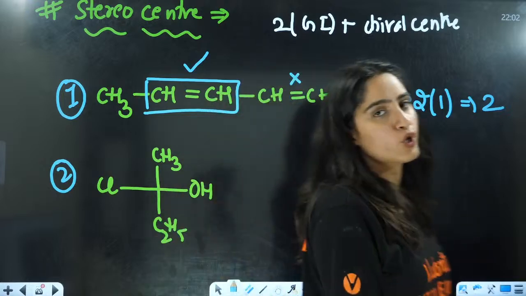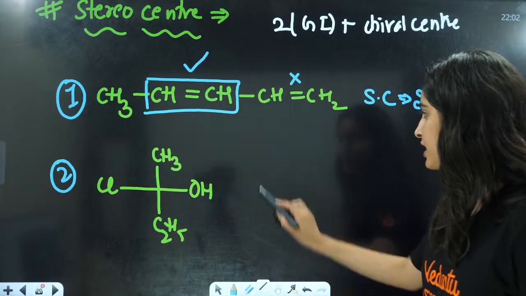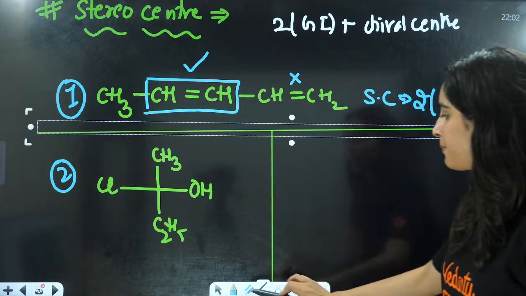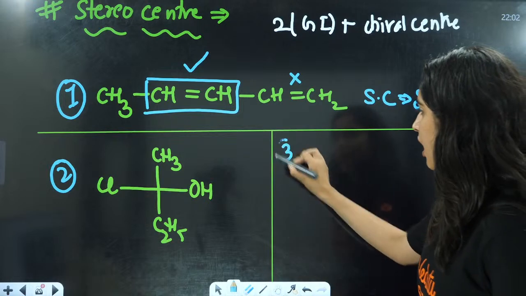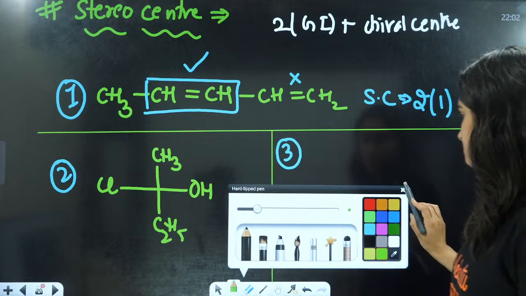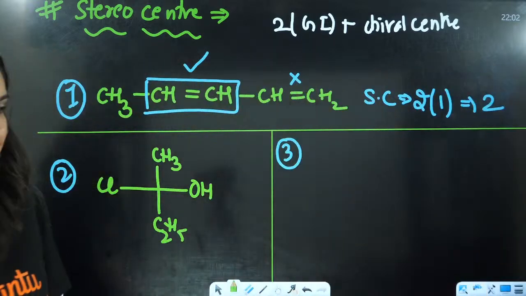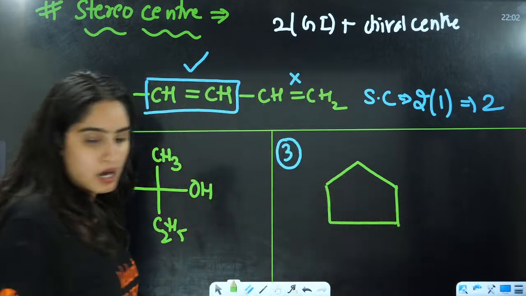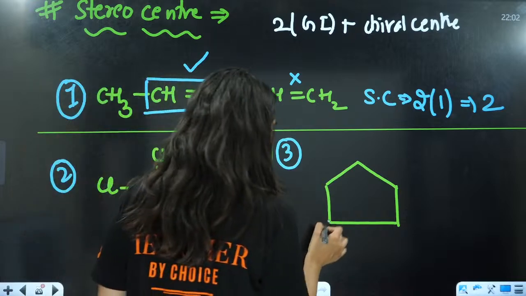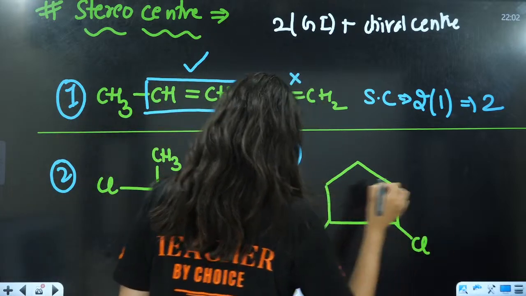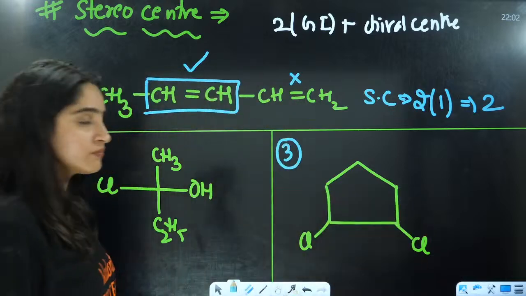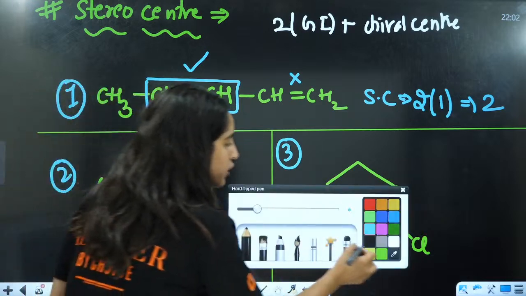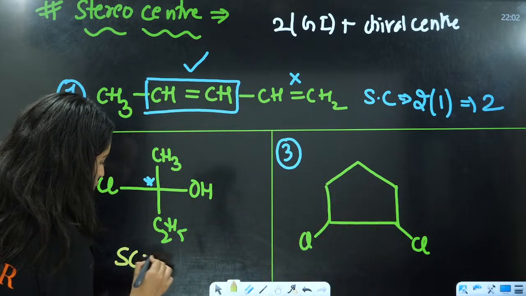Everyone, how many stereocenters are present here? Here you have just one chiral carbon. So the stereocenter count is going to be 1.